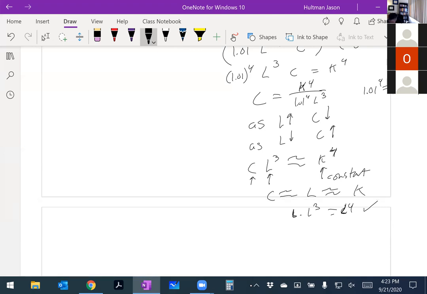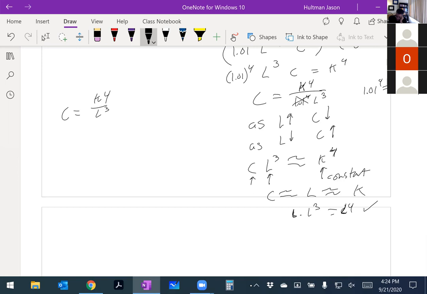And so when we go to graph this thing, we can use this idea that C and L are basically the same number, just written a little bit differently, in terms of C is approximately L, which is approximately K. So if we kind of get rid of this, you think of it more like this, that we have C is equal to K to the 4th over L cubed.